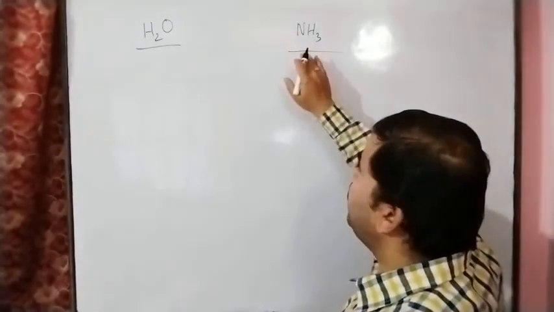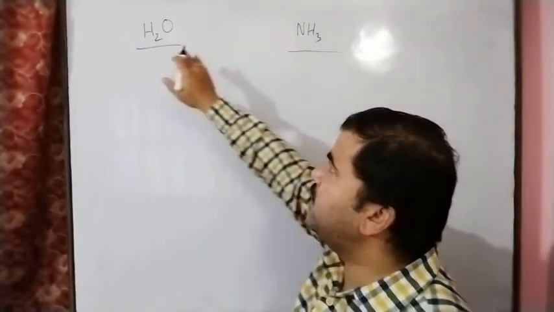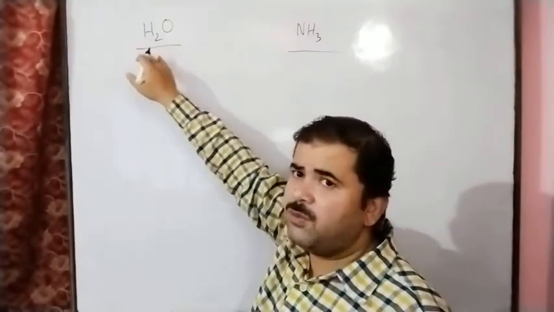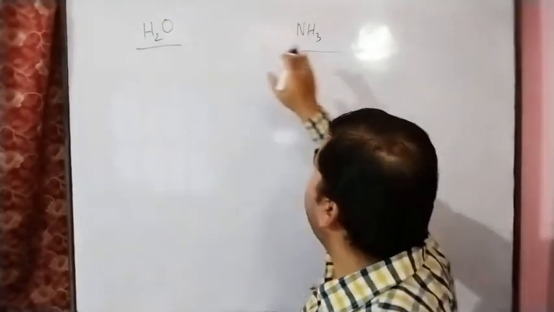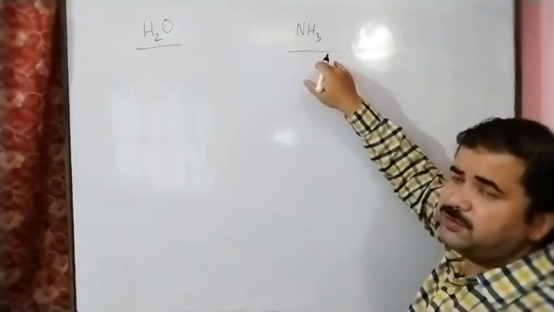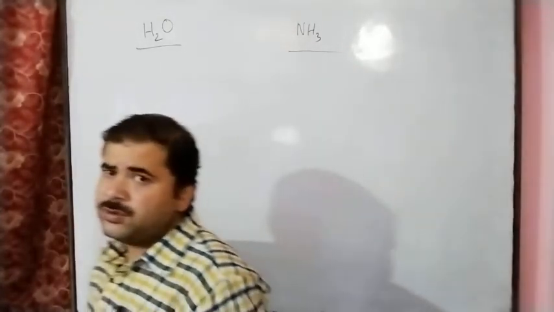Here the ratio is 1:3, and in water the ratio is 2:1, meaning two atoms of hydrogen and one atom of oxygen. And here one atom of nitrogen and three atoms of hydrogen are present. So this is the compound.